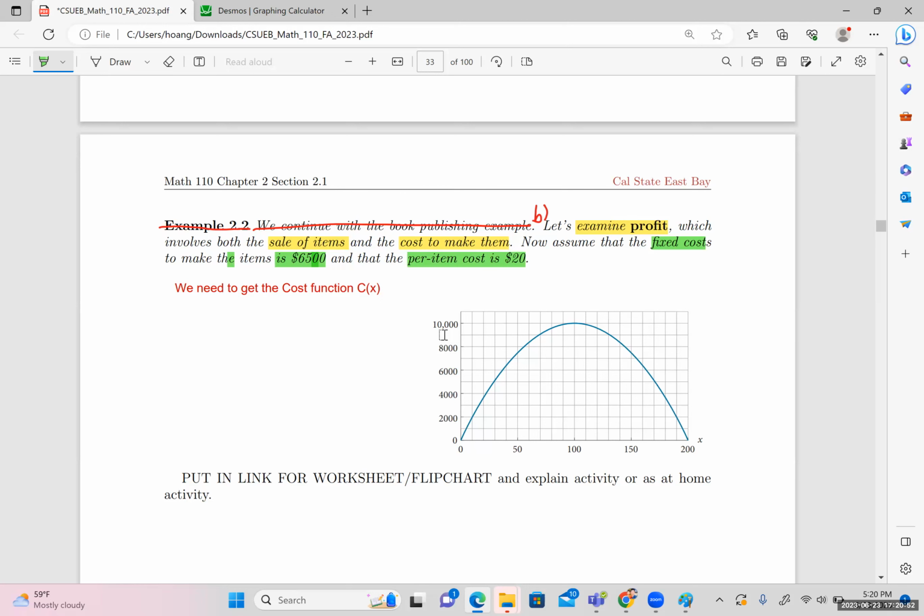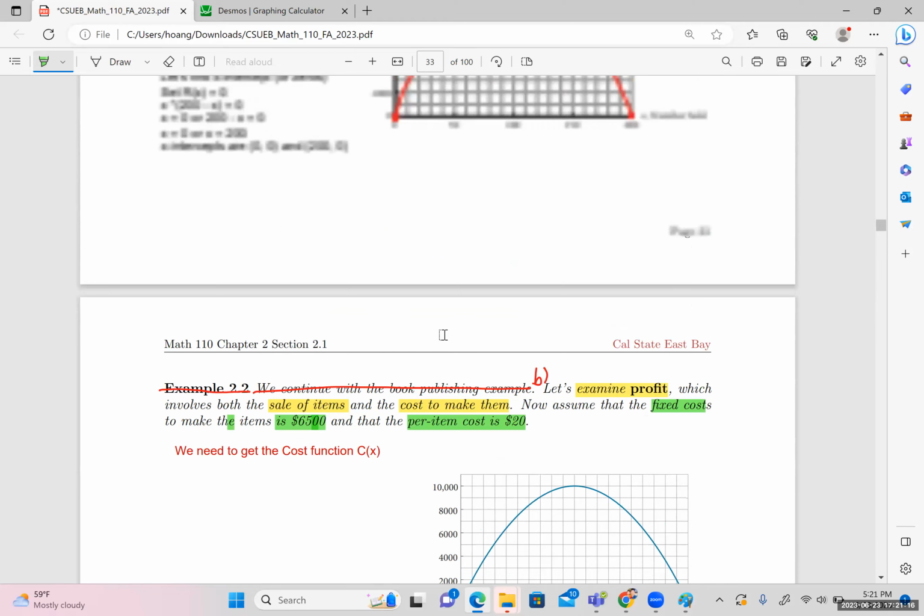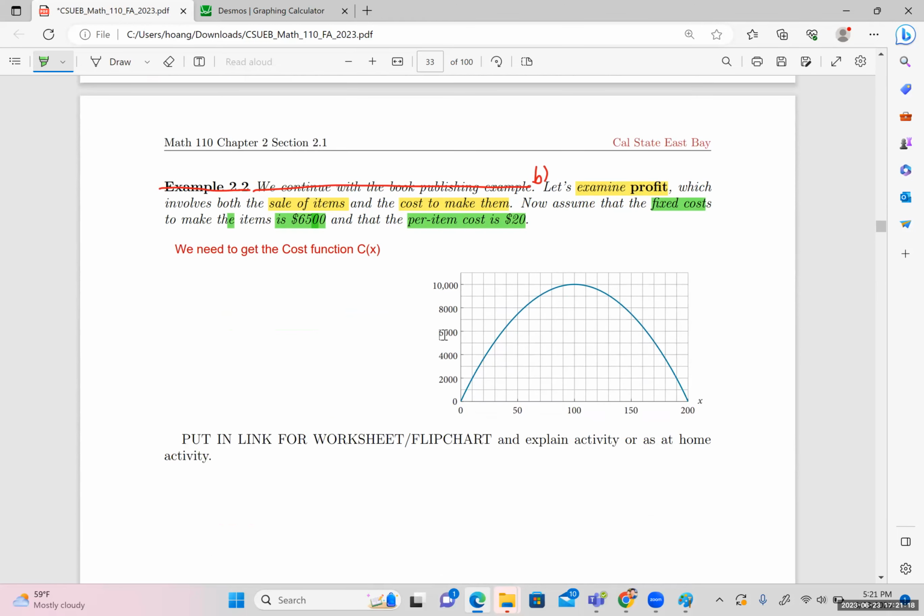All right, so I want to find the cost function, and I have the revenue function. The revenue graph was drawn up here, but I just moved it down here.